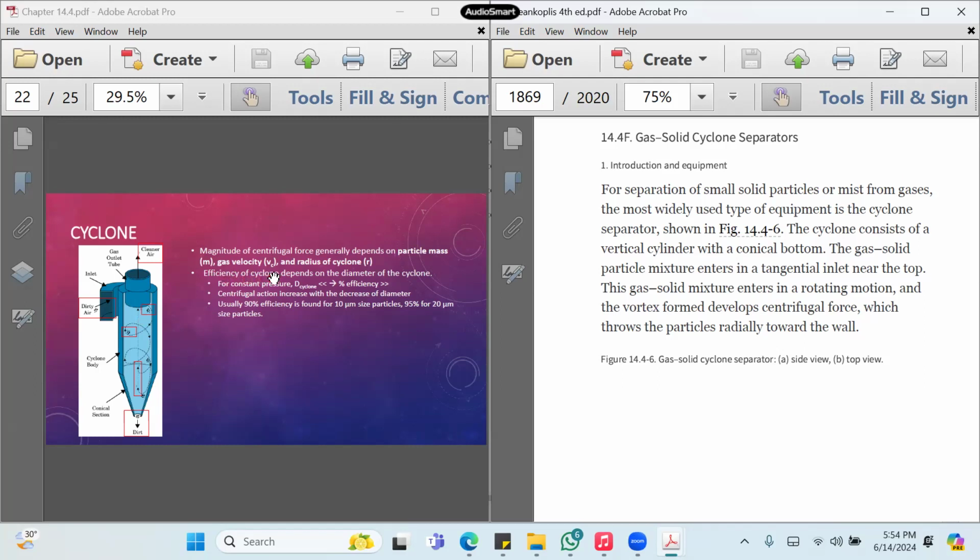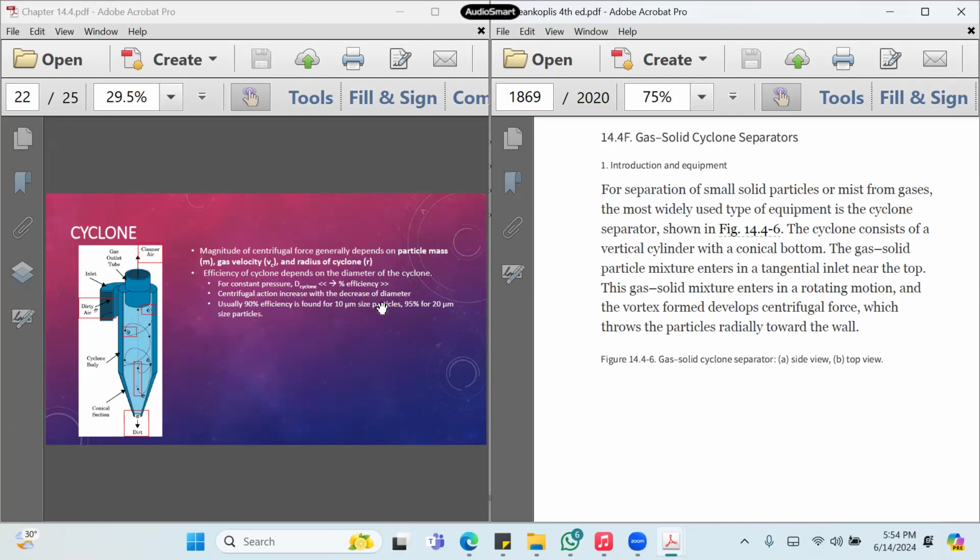The efficiency of the cyclone will depend heavily on the diameter of the cyclone. The smaller the diameter of the cyclone, the higher the efficiency. Why? Because the vortex will be very fast in movement, so the centrifugal action increases with decreasing diameter.